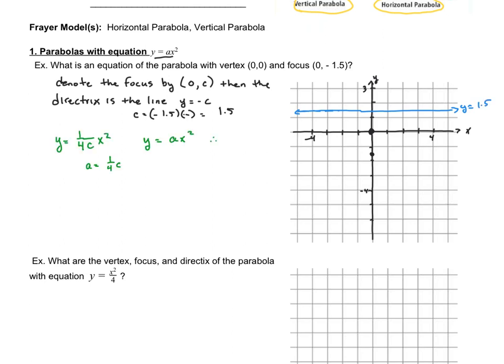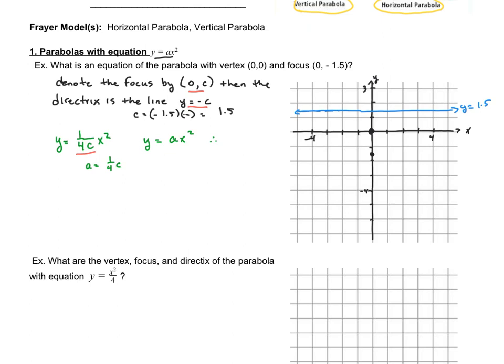Okay, so the quadratic form y equals ax squared for the vertical parabola has a vertex of (0, 0). Now the coefficient a is equal to 1 over 4c, and that will give us the focus of (0, c) and the directrix y equals negative c. So we were able to shift between the algebraic and the geometric presentations of a parabola.